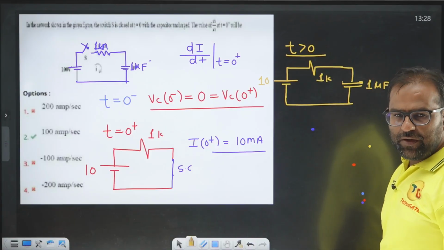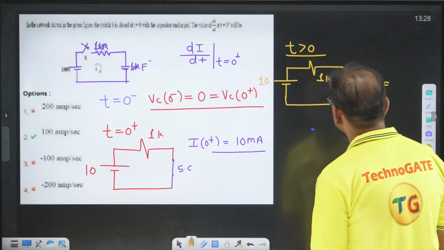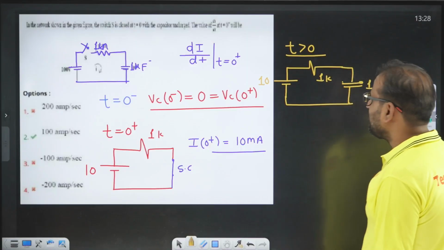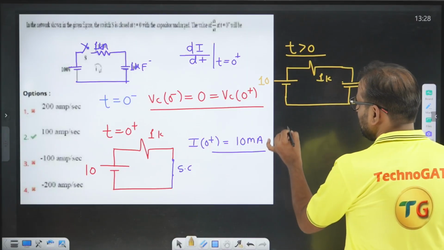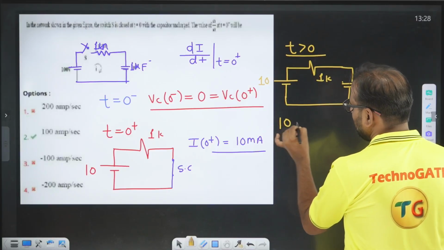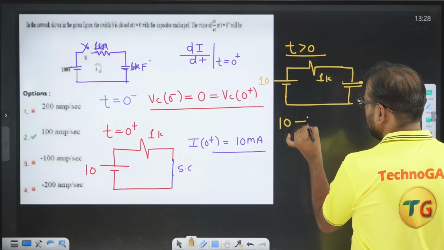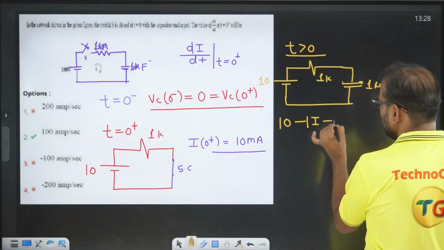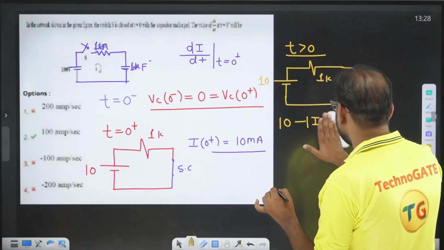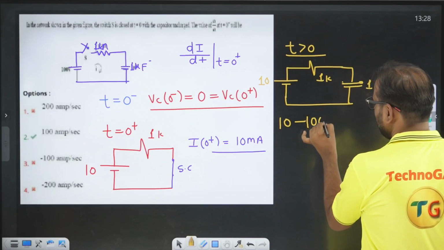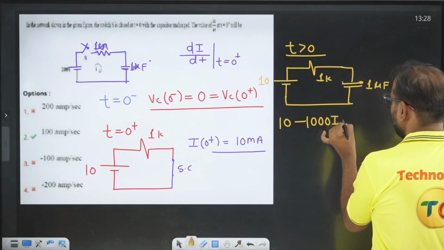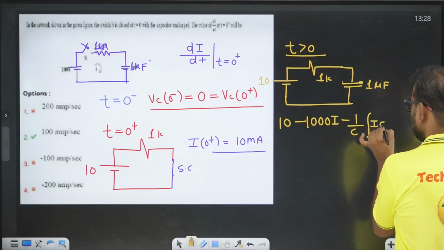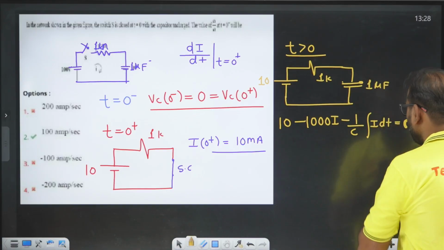And if I write the KVL, what is it? Around this loop it is: 10 minus 1000 times I minus 1 by C integration of I dt equal to 0.